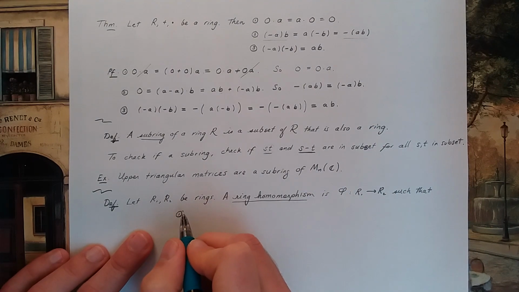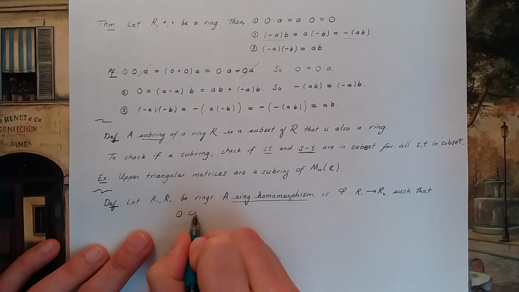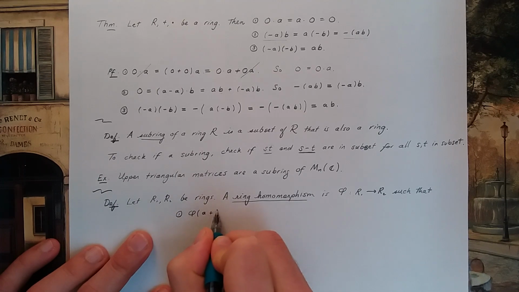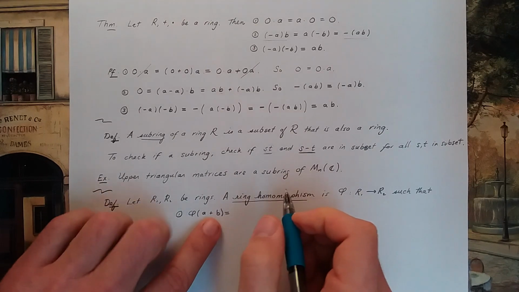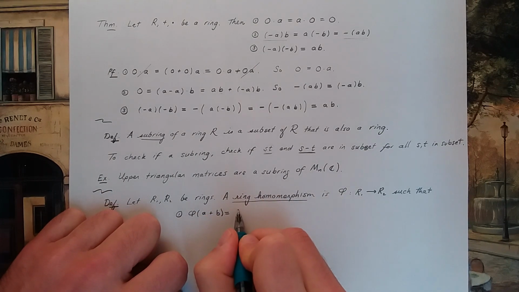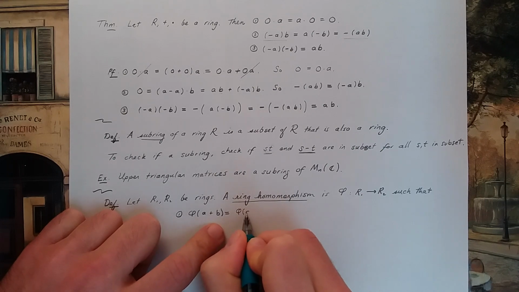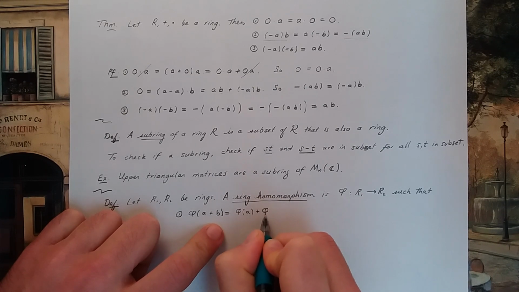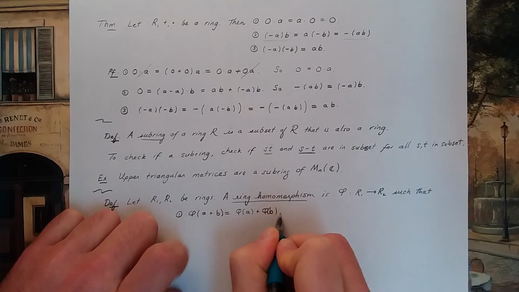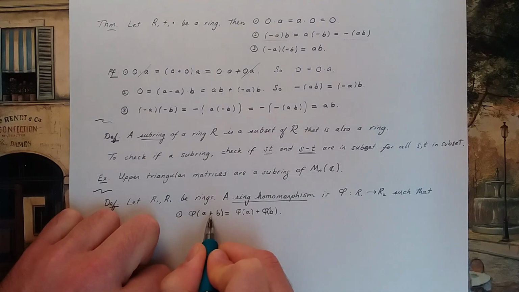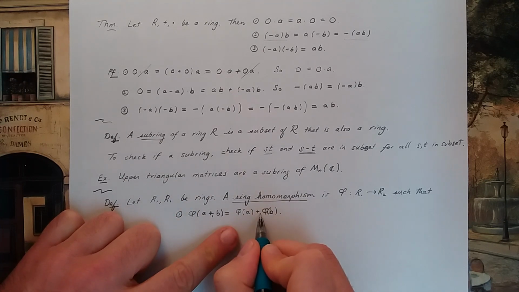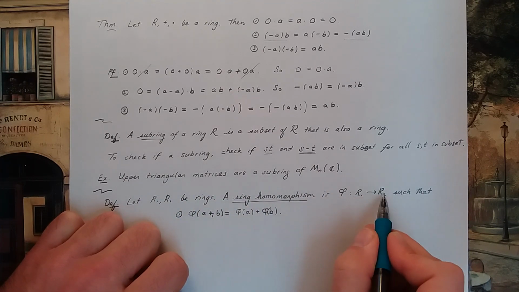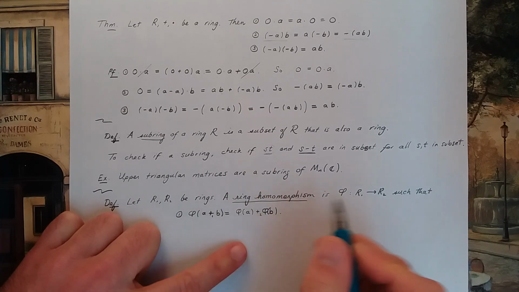Number one, phi of A plus B can be split over addition. So this is phi of A plus phi of B. Now this plus sign here, A plus B, that is the addition in R1. This plus over here, since phi takes R1 to R2, this would be the addition in R2.